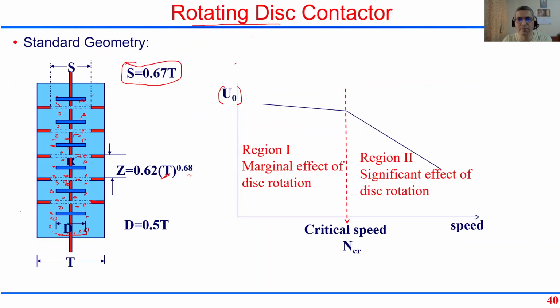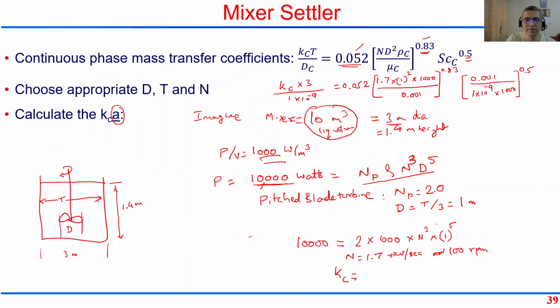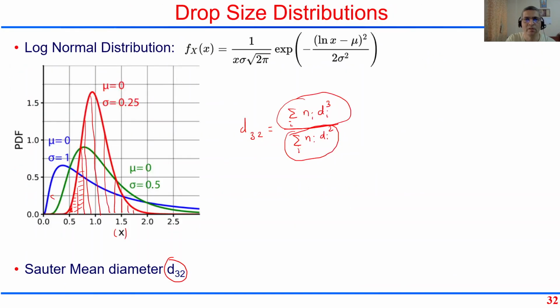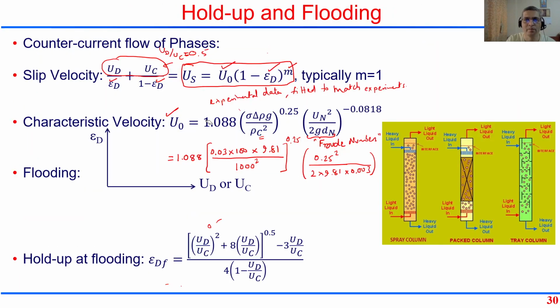If your agitation speed is low, the energy dissipated by these discs is so small that the amount of breakage of the drops will be very, very small. So essentially the characteristic velocity would be like the spray column. It would be decided by the distributor, the physical properties, and so on, like the spray column.